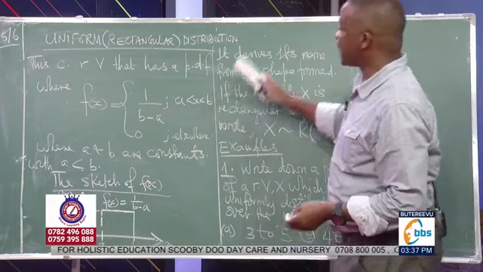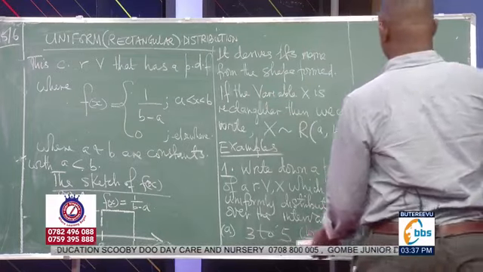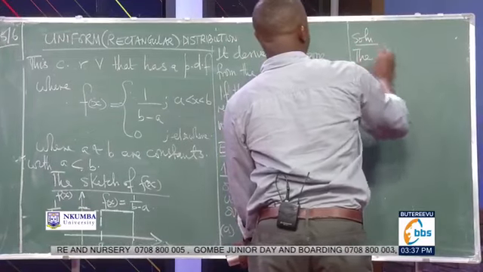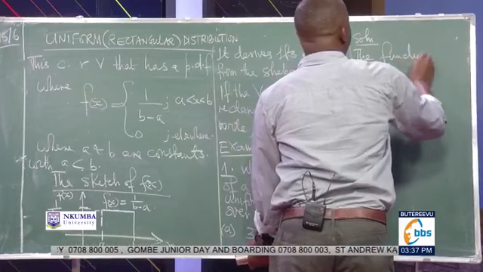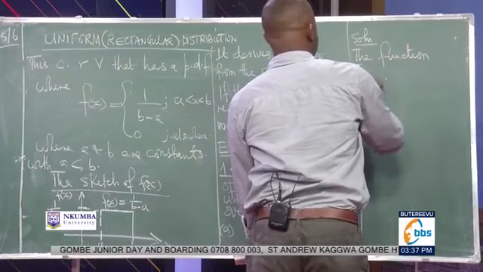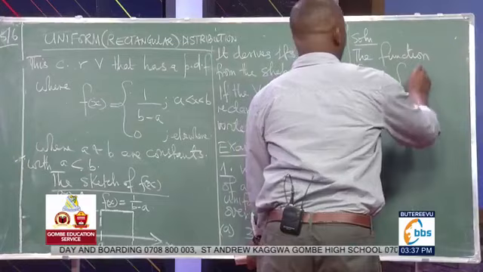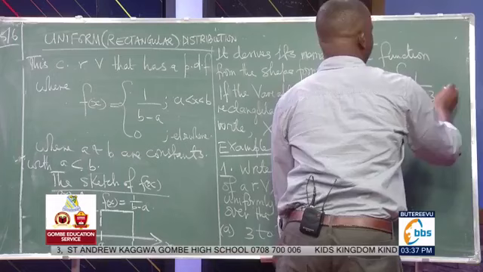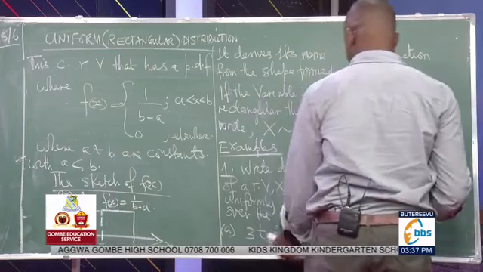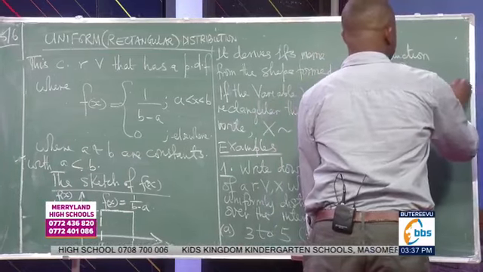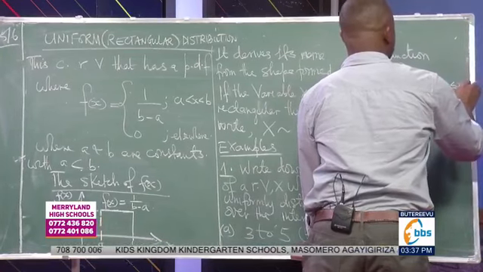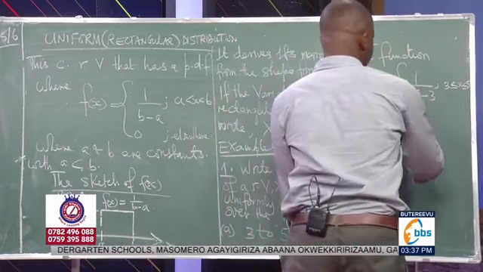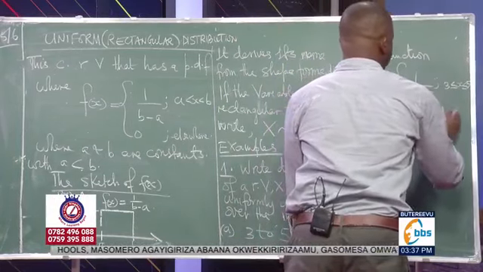So our solution for the first part is the function f of x equal to 1 over 5 minus 3, with the limit 3 less or equal to x less or equal to 5, because it starts from 3 to 5, so they are inclusive, 0 elsewhere.